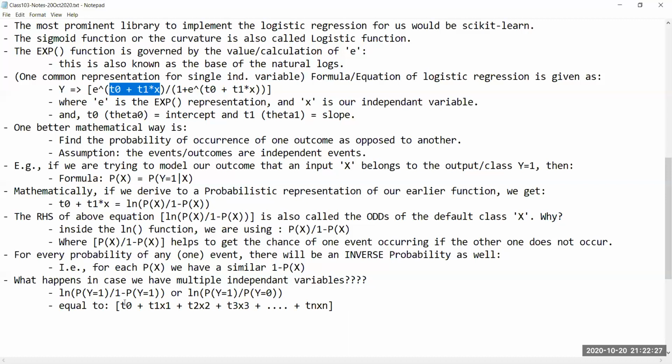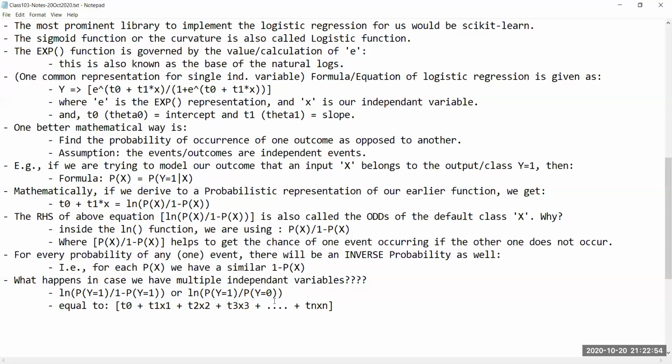I don't need them anymore because I can simply ignore the weights and I can calculate this. If I'm able to calculate this for each and every feature, for each and every independent variable, then I will anyways end up with this function in a sigmoid way. So if I take a logarithm of that, then I get the representation which was the same as the linear regression use case.